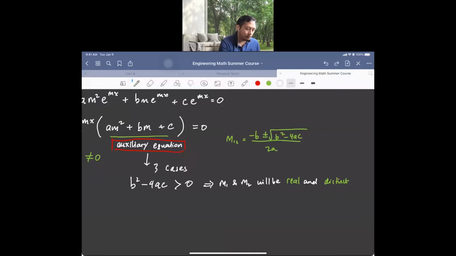If we have b squared minus 4ac equal to 0, then m1 and m2 are real and equal.